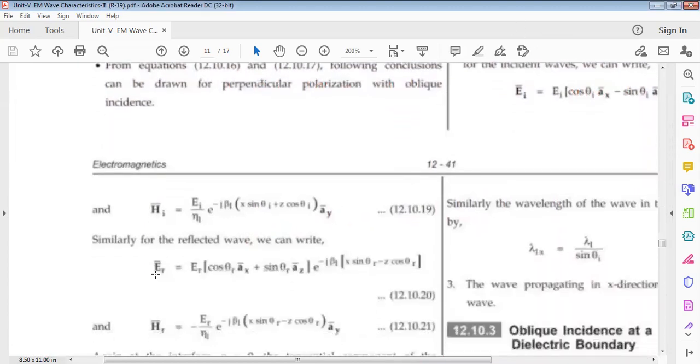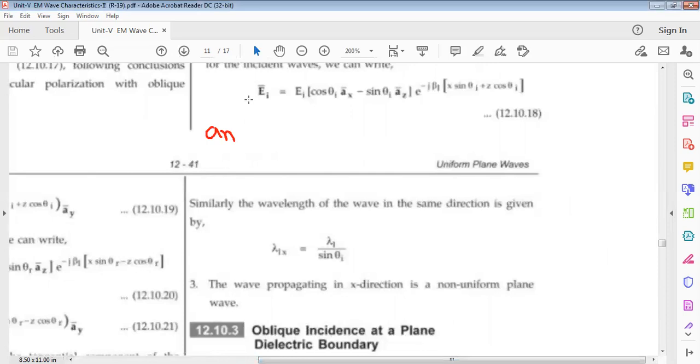ER is equal to the cross product, not the cross multiply, cross product here, of ANI bar with HI bar, into eta 1.